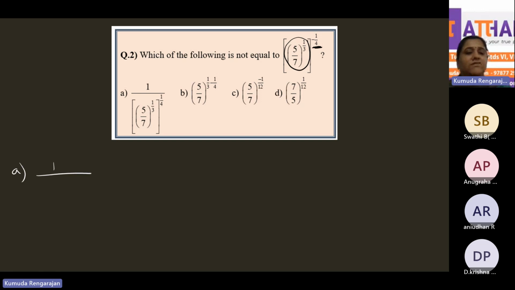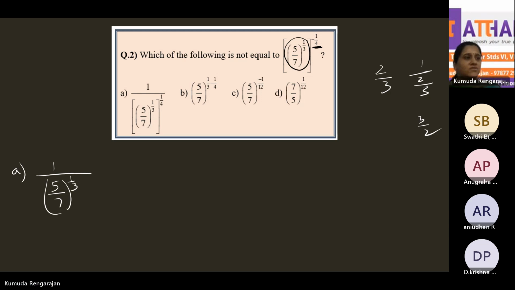Reciprocal means 1 by that one. The reciprocal of 2 by 3 is 1 by 2 by 3, that is only 3 by 2. So 1 by 5 to the power 5 by 7, the whole power 1 by 3. This is the reciprocal of the base, and then that negative power will become positive. The first option is correct.